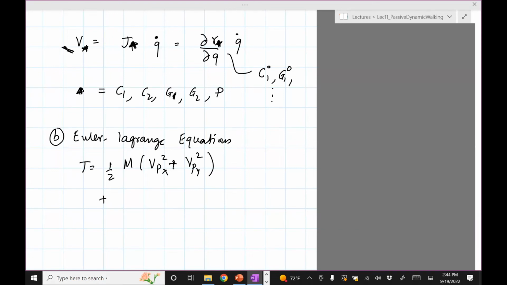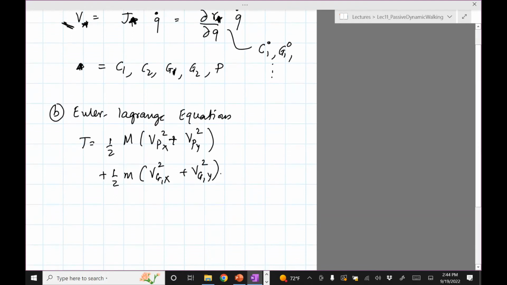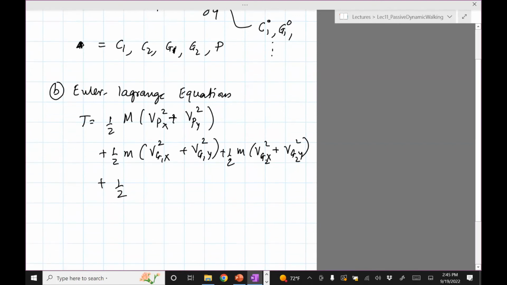Then we have a similar thing for the two legs: vg1 x squared plus vg1 y squared, plus half m vg2 x squared plus vg2 y squared, plus, remember that the legs have inertia.